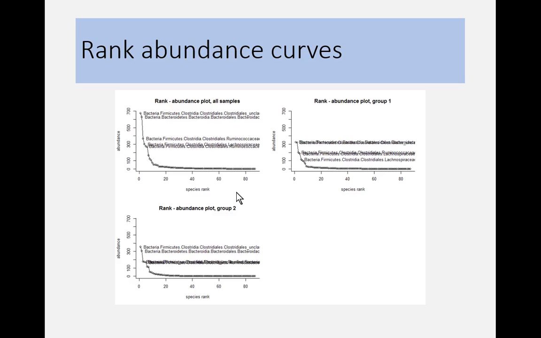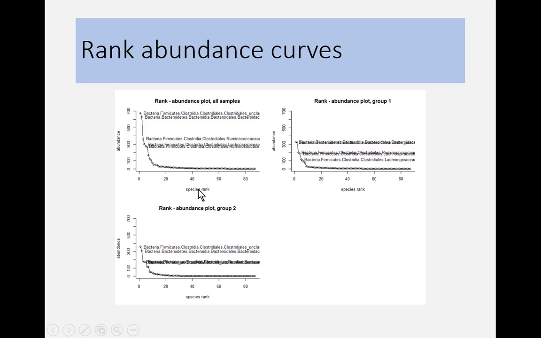Now, it also shows you the evenness. Sorry, I always want to point from the slide, but we are recording, so I have to point here. So if all the species here would be equally abundant in samples, there would be just a flat line through this plot.